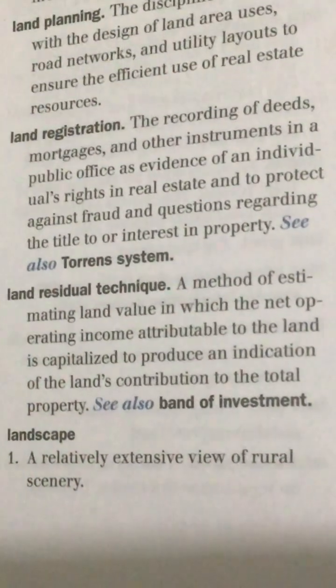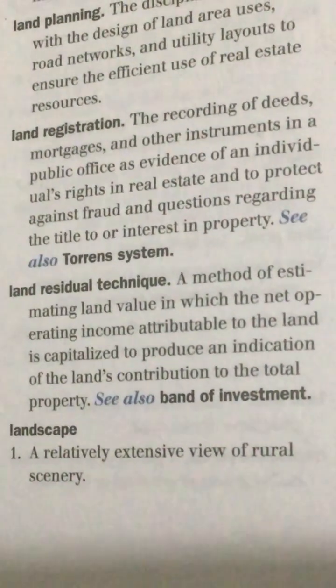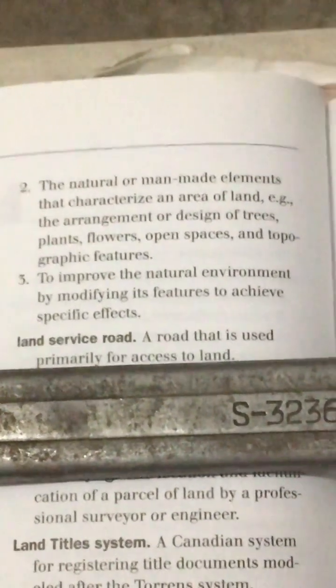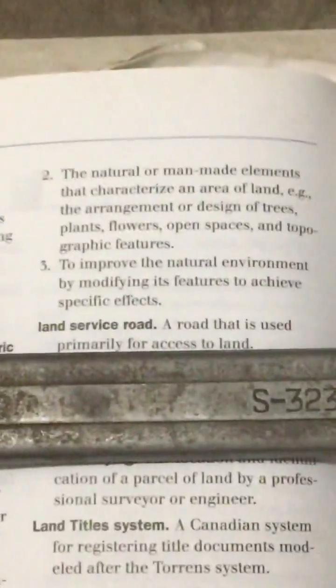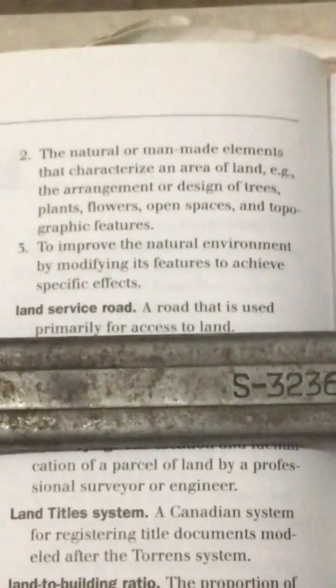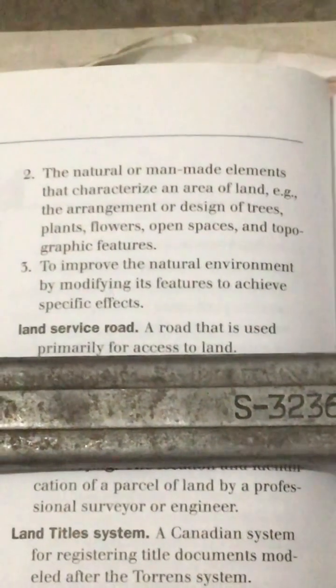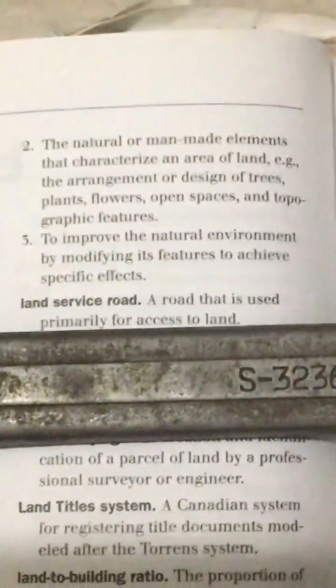Landscape. Number 1. A relatively extensive view of rural scenery. Landscape number 2. The natural or man-made elements that characterize an area of land. For instance, the arrangement or design of trees, plants, flowers, open spaces, and topographic features. Landscape number 3.